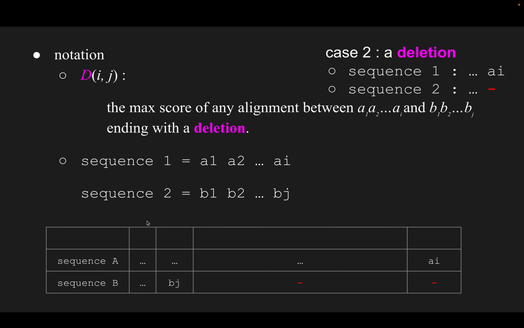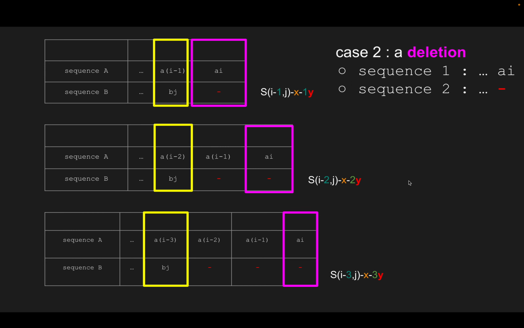If we have a deletion ending, it means that the end will be a gap symbol in sequence B. So it's a gap here, which is a deletion case because the gap symbol appears at the end of sequence B.